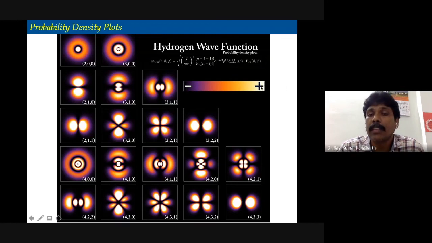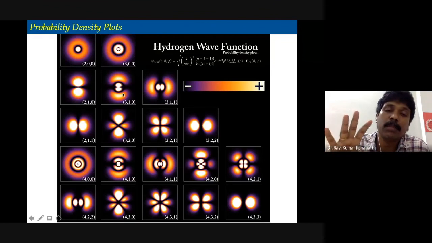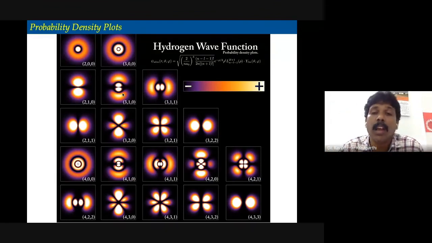Wherever you see white, there is a plus sign, and there is a negative sign along the dark space, I mean the black color. So wherever in the density plot you see the white one, that means the wave function is very, very high.